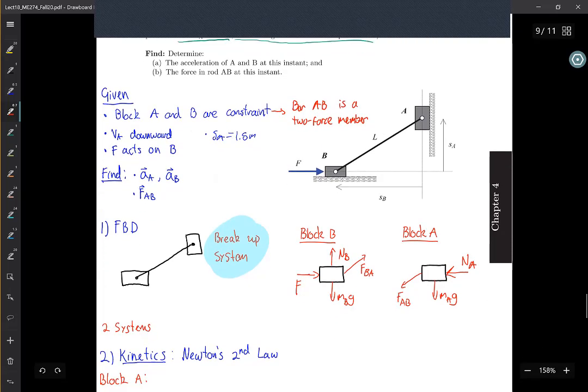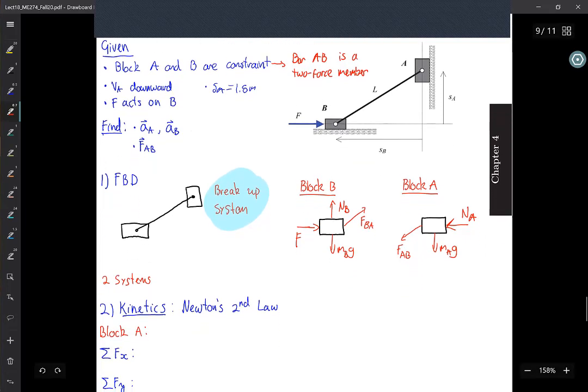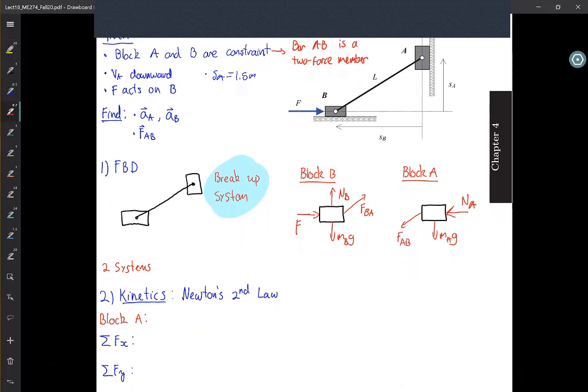Okay, so now this problem is not difficult in terms of the kinematics or the procedure. It's a little long, so we need to set it up in an organized way. The kinematics here are actually good in Cartesian because of the way things are moving. So we're going to do Newton's second law in Cartesian.